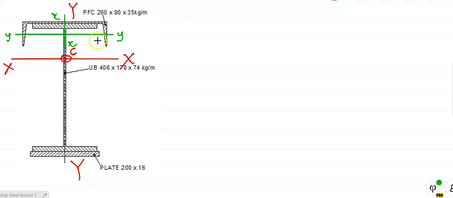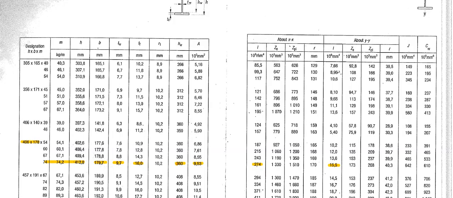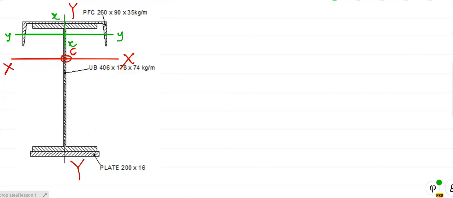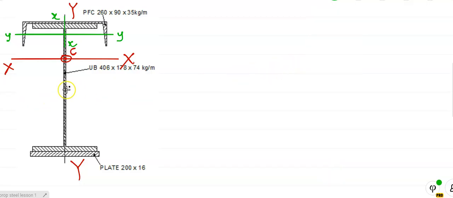And of course, if we go to the section properties for the I section, you'll see from the table that its x-axis is horizontal and its y-axis is vertical. I'm going to draw it in now. So it's sitting somewhere in the middle like so.